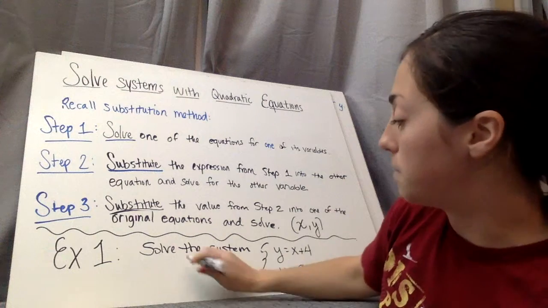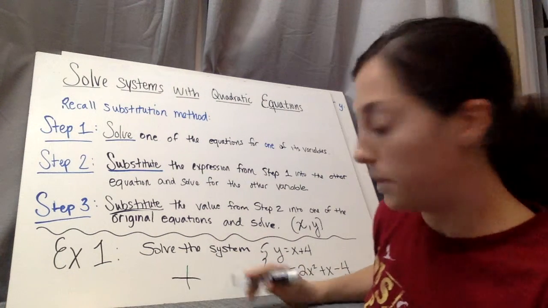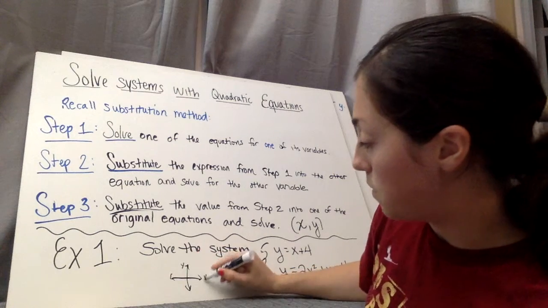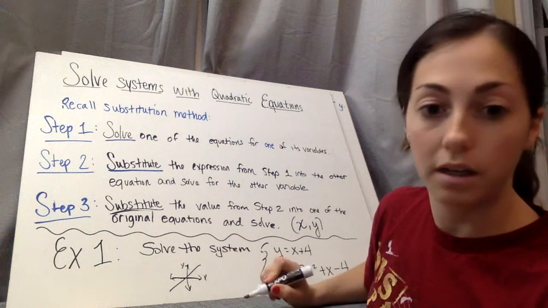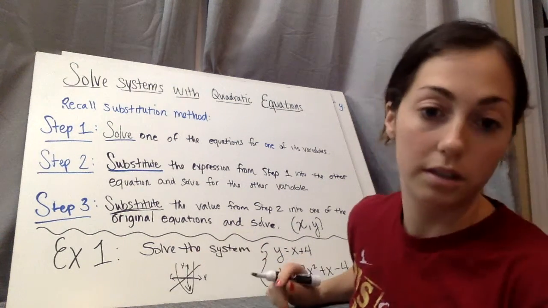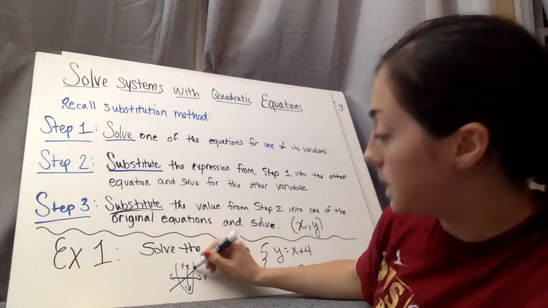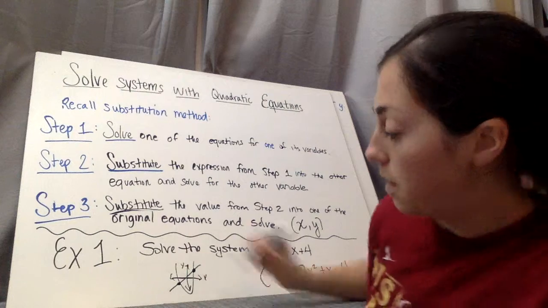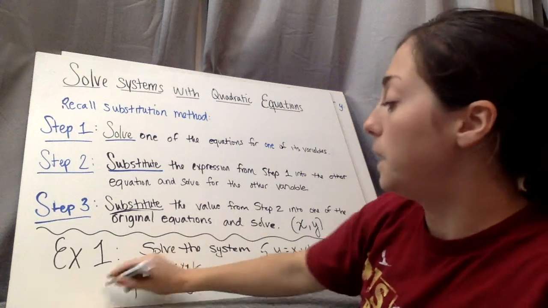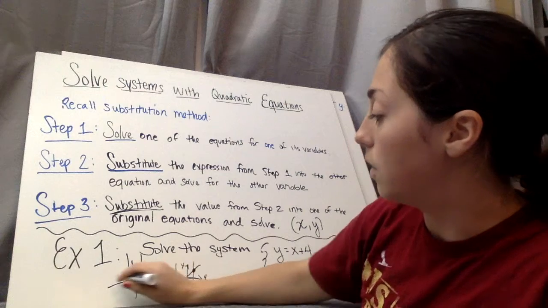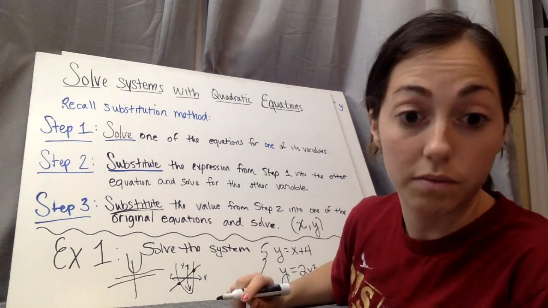If you're just picturing our coordinate plane, x and y, you're picturing a line and a parabola. How many places do they meet? Well, typically two. But it's totally possible that they never meet. Say here's our parabola, and our line is horizontal.